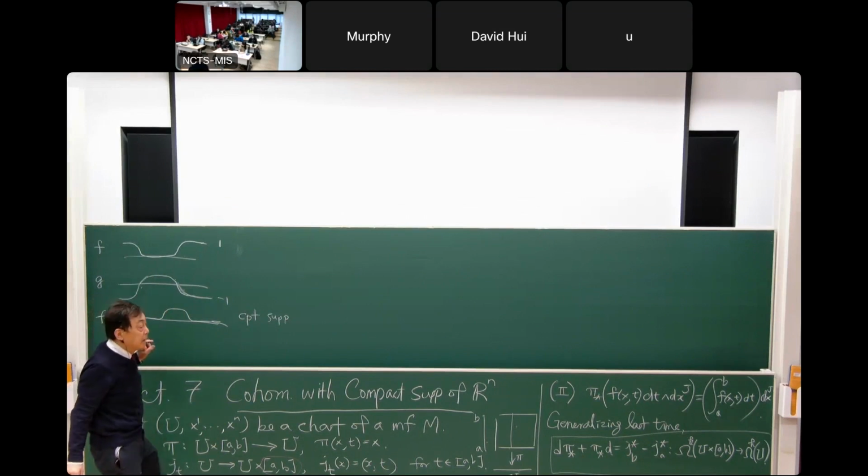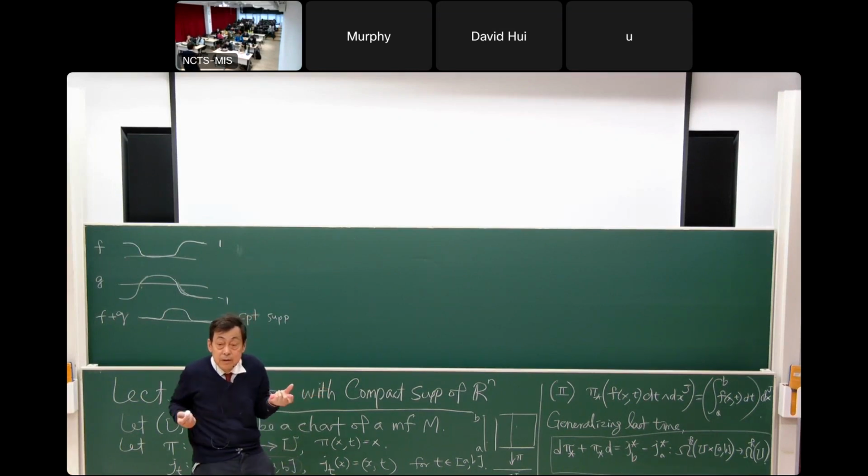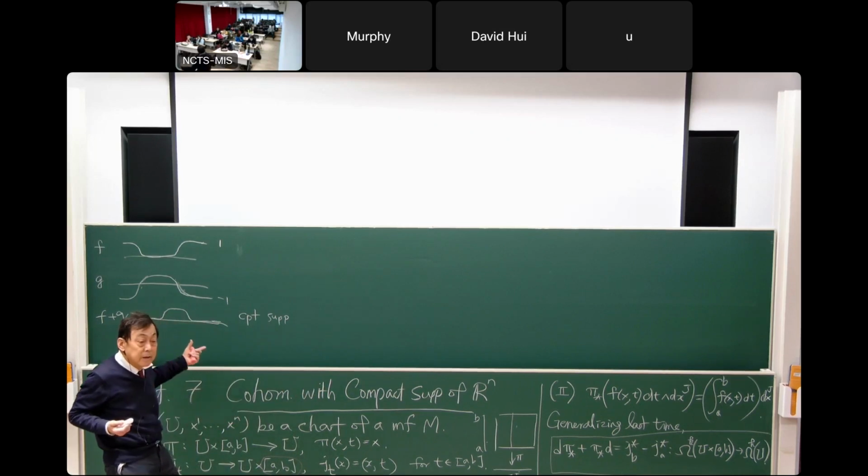And now we are looking at a form with compact support. It's a sum of type 1 and type 2 forms. Okay? So in general, the individual terms need not have compact support.